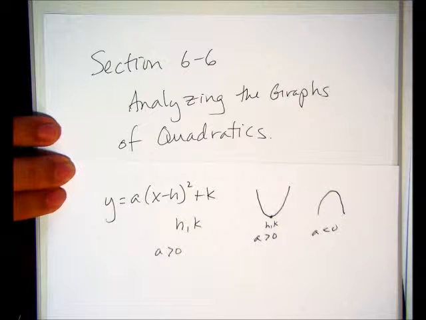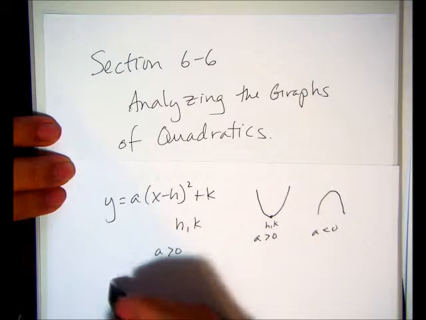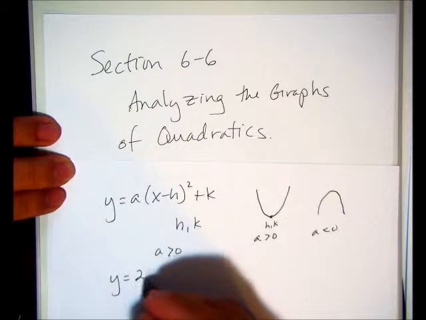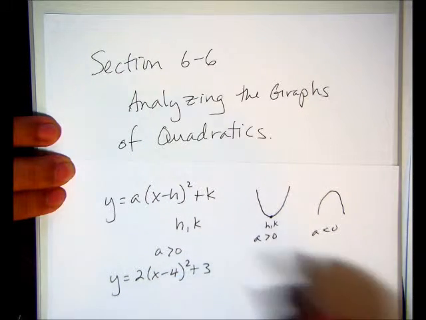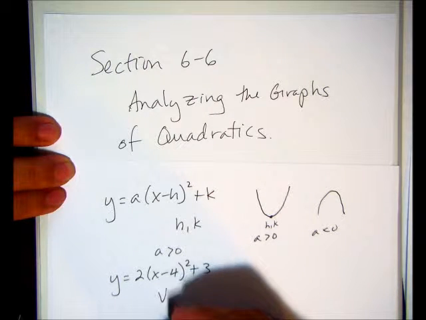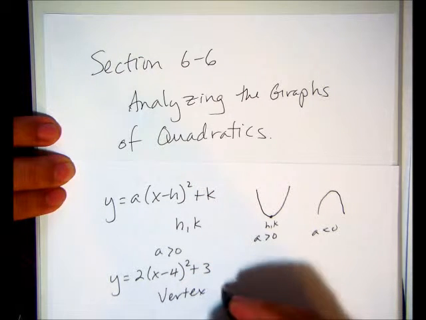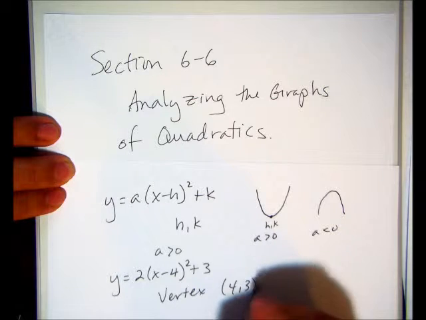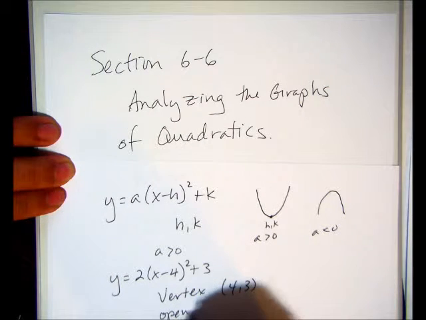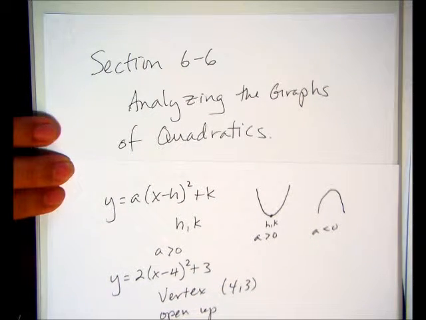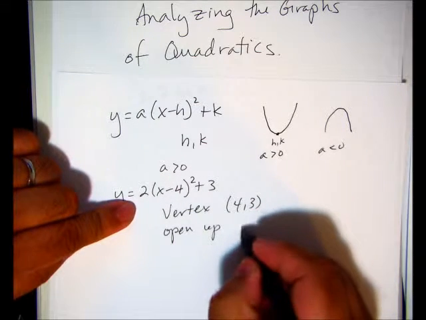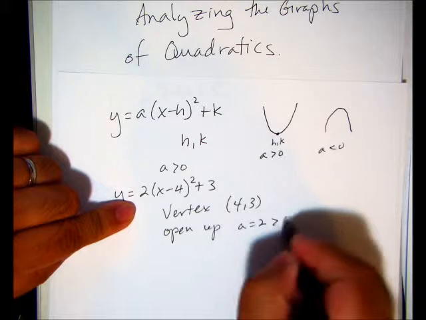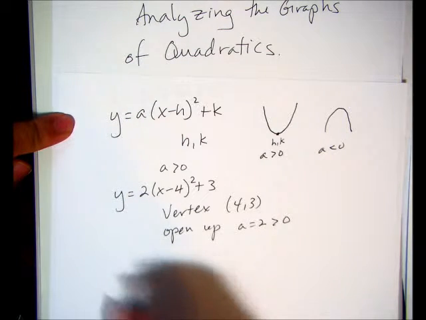Alright, let's give an example. If I had y equals 2(x minus 4) squared plus 3, then the vertex would be at (4, 3), and it would open up because a is 2, which is greater than 0. Here's another example.